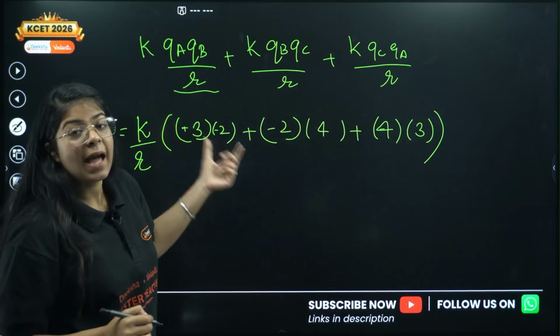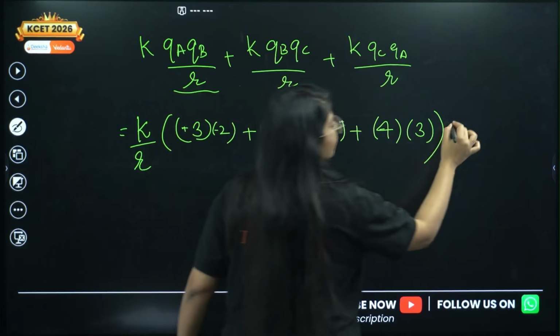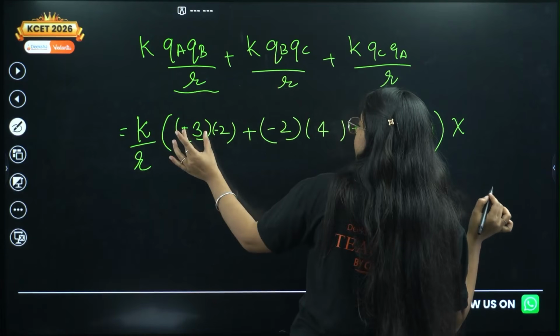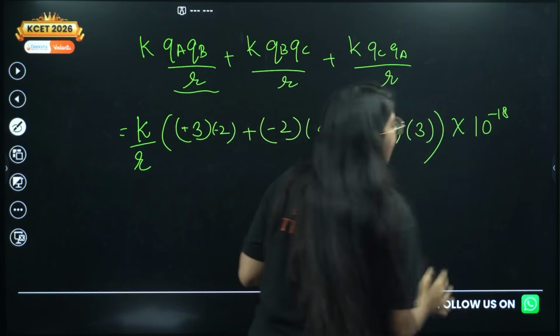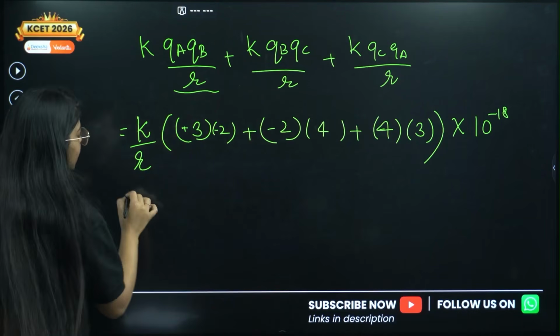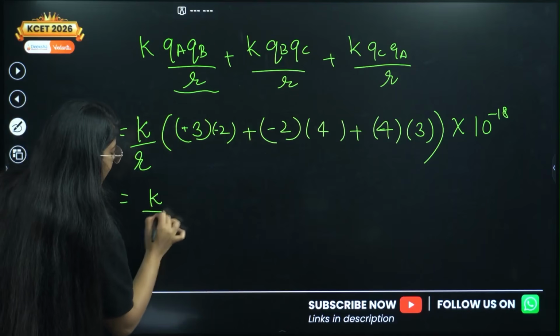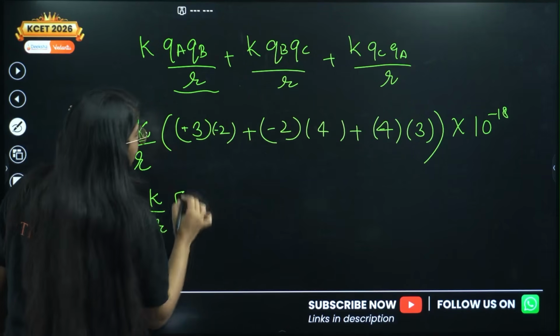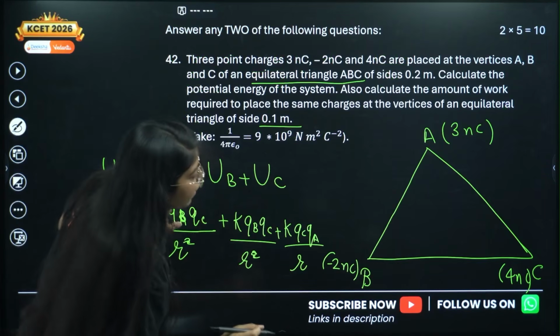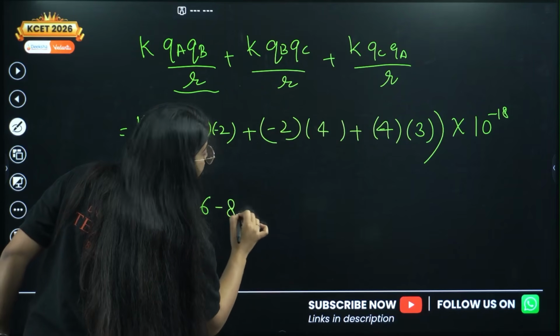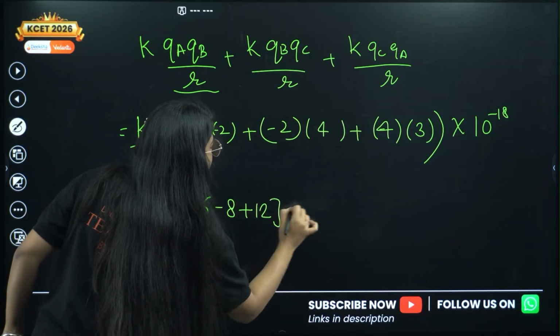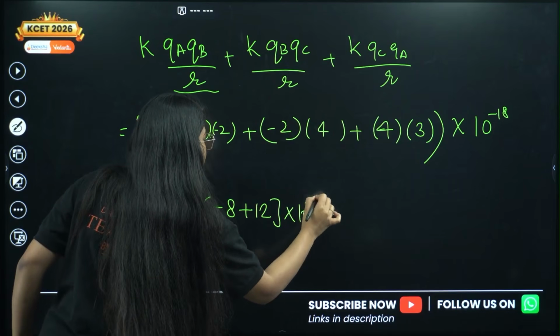And these are nanocoulomb, so we'll have to multiply 10 raised to the power minus 9 into 10 raised to the power minus 9, that is 10 raised to the power minus 18. So this will simply be K by R. If you calculate this, this will be -6, -8 plus 12, into 10 raised to the power minus 18.